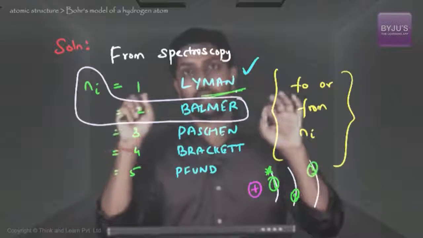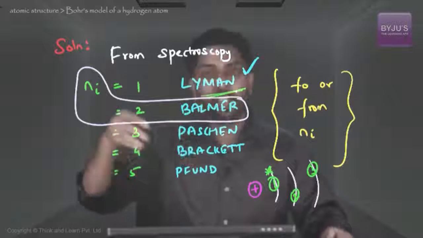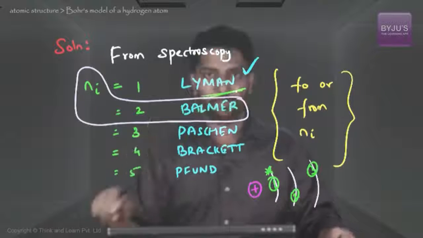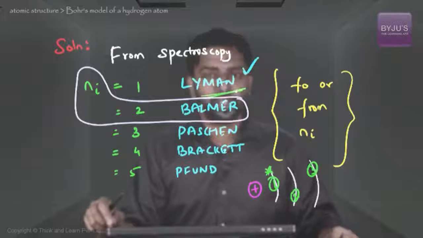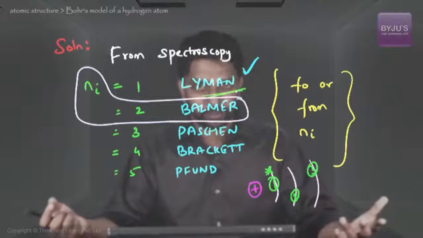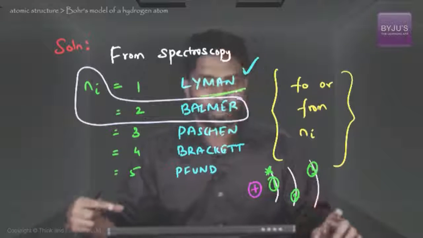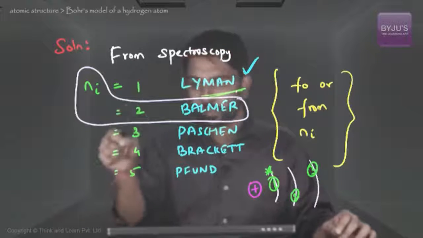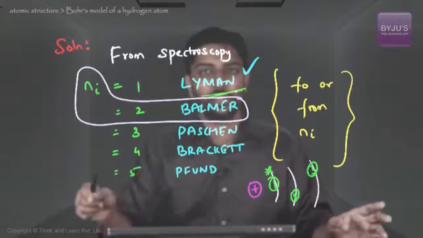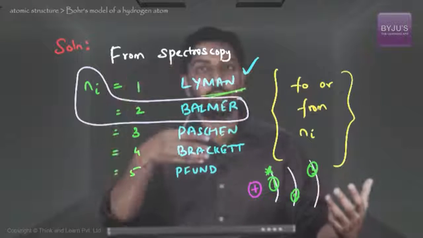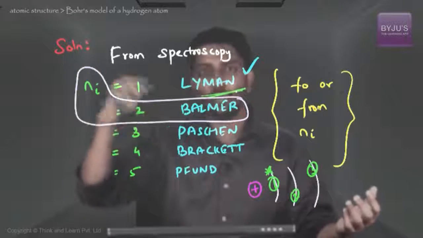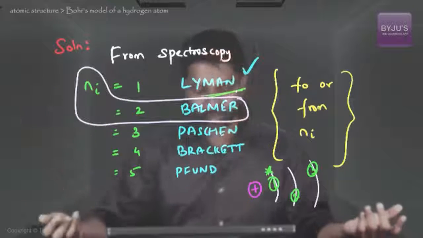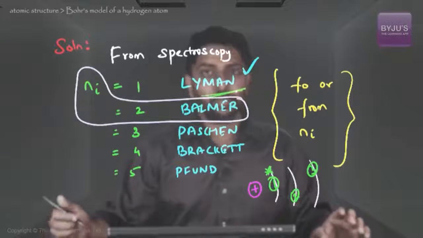Sometimes this is also referred to as a shell. For shell n equals 2, the electron is there. And we are looking for a transition which has the maximum energy or the least wavelength. And obviously the transition cannot be between 2 and 1, there is no transition. Since we are talking only about the Balmer series, 2 to 3, 2 to 4, 2 to 5, and so on and so forth. Such transitions are what we are talking about.